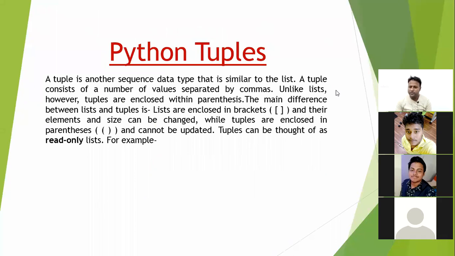The main difference between tuple and list is that a list is enclosed by square brackets, while a tuple is represented in round brackets, or you can call it first brackets.